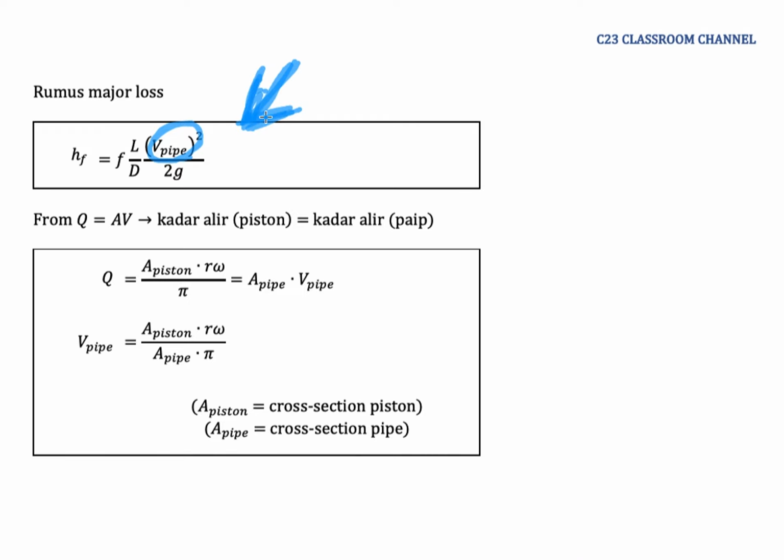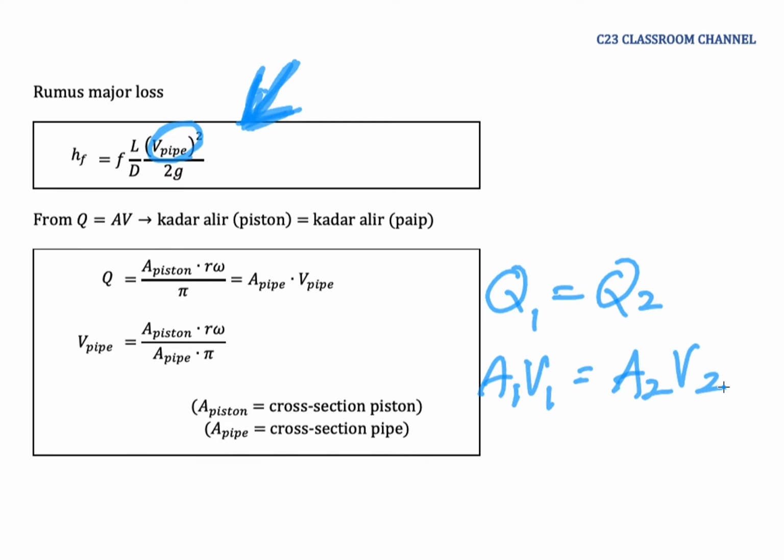We already learned that Q1 is equal to Q2, meaning A1 V1 is equal to A2 V2, and then we could write an equation like this one. The cross-sectional area of the pipe times the velocity in the pipe will be equal to the flow rate calculated inside the piston.